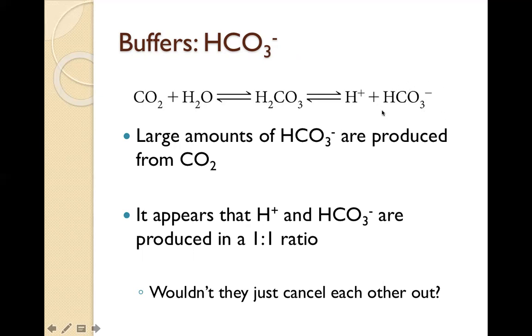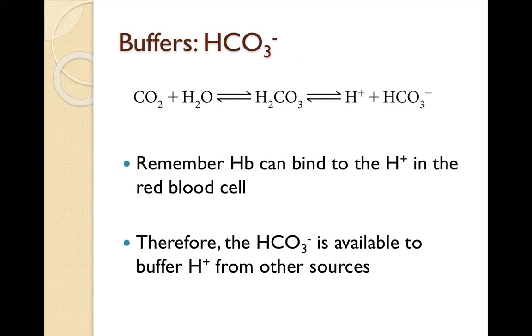And so it appears that this proton and this bicarbonate that can actually buffer this acid are produced in a 1-to-1 ratio. So the question really becomes, why don't they just cancel each other out? Well, there's a good reason for that. They don't cancel each other out for two reasons.